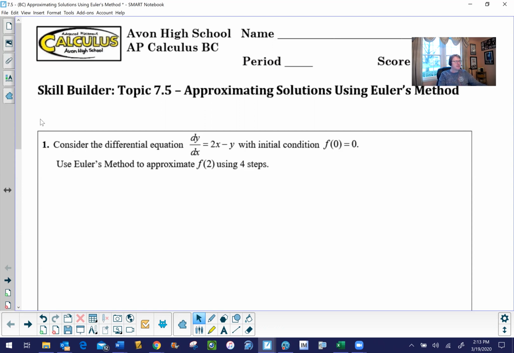There should be a calculator icon throughout this entire assignment. But with the calculator icon, you want to be careful, because you don't really want to use your calculator's capabilities in terms of programming an Euler's method procedure. Those of you who code really well, could you write a program that does Euler's method?